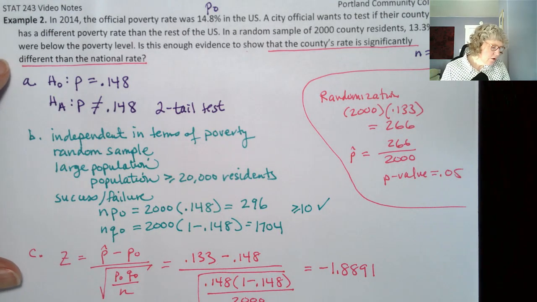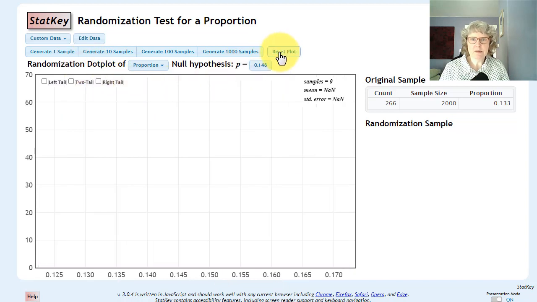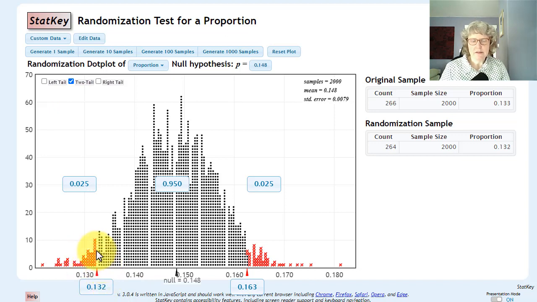Okay, so now remember, this is different. If I reset the plot, it keeps my information, and I do 2000 again and 2-tail, I could get slightly different results, right? So now I'm getting 0.132, so that would be a little over.